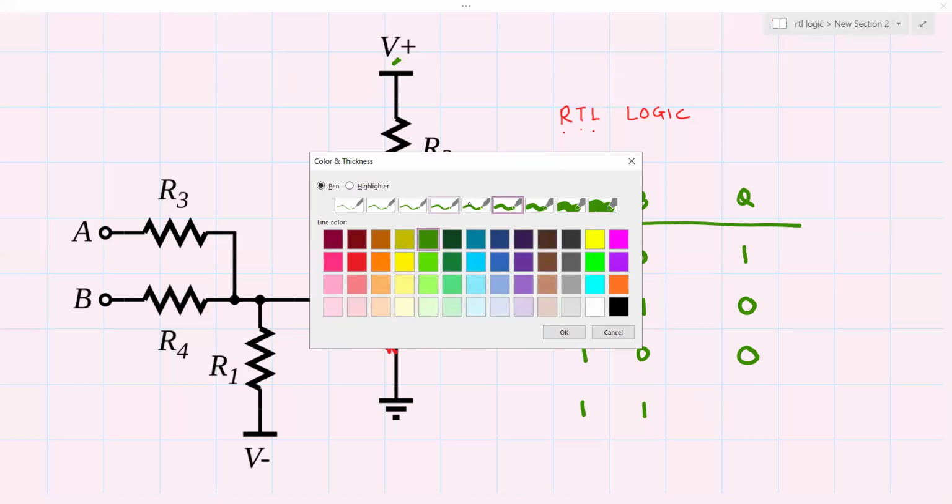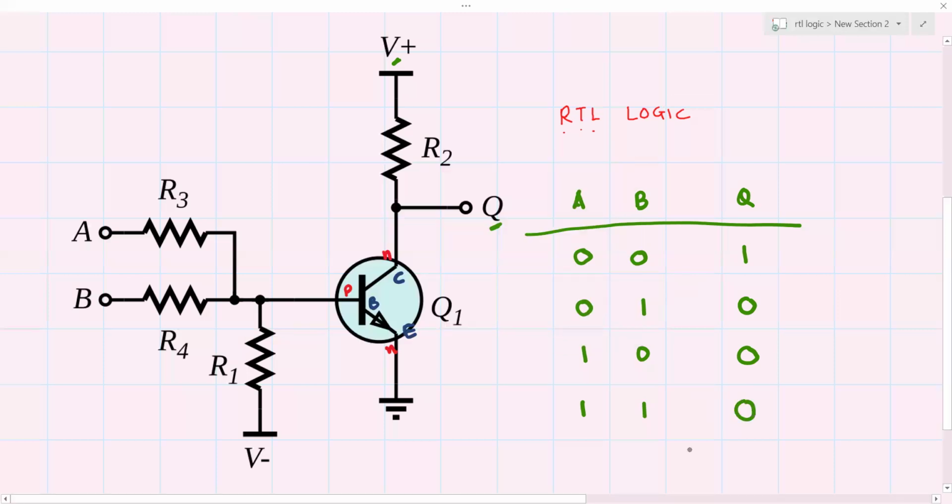One more time, this is the logic 0. So the output of this circuit is 1 only when both of the inputs are at logic 0. Otherwise, for any other combination, the output is 0, as you can see from the truth table.